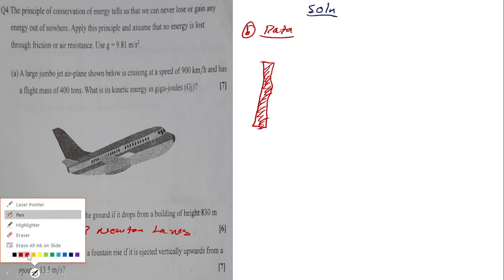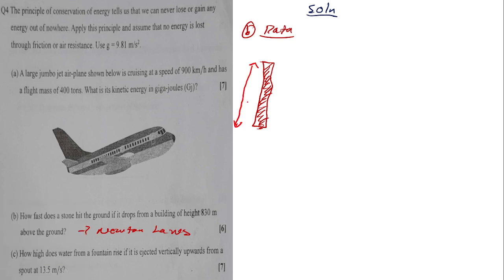So the building has the height, which is 830 meters. Then we have the stone which has been dropped like that.